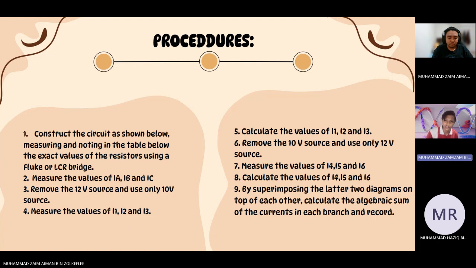And number 6 procedure is to remove the 10-volt power source and use only the 12-volt power source. This is almost the same as the previous one, which is I need to measure the value of I4, I5, and I6 with only a single power source. And then I also need to calculate to see how the values are, is it almost matching or not? If it matches, then it accepts the superposition theorem.